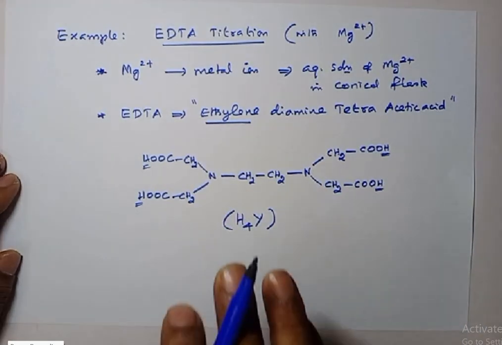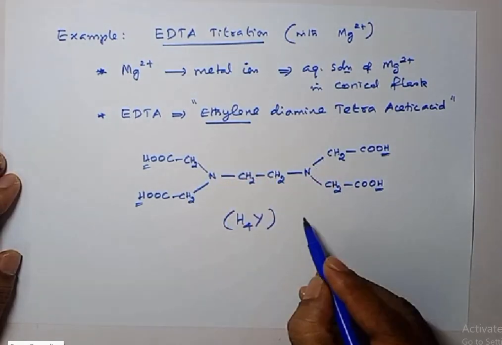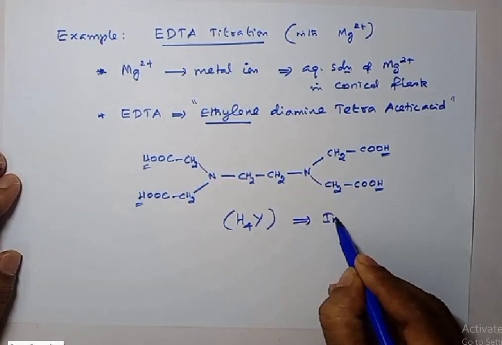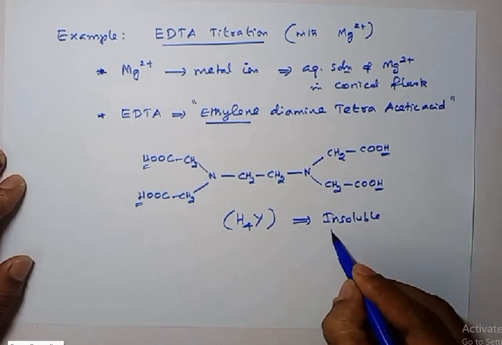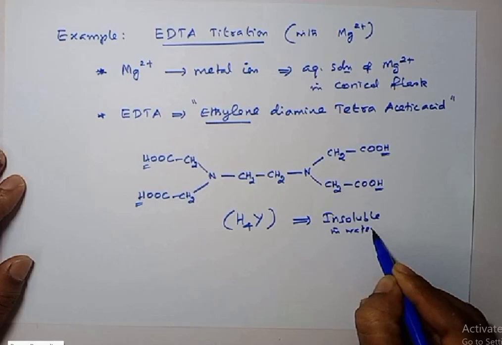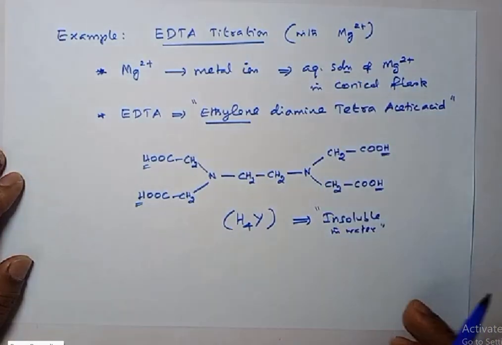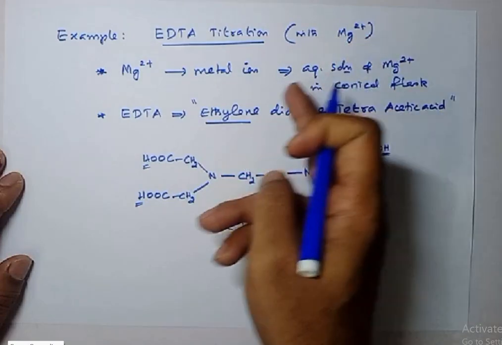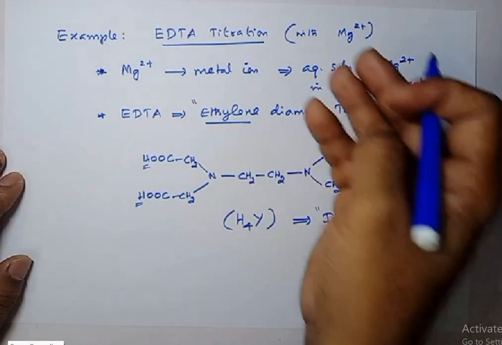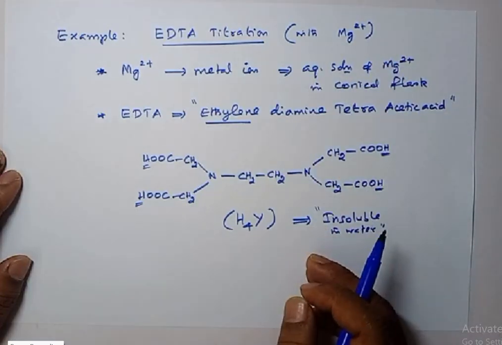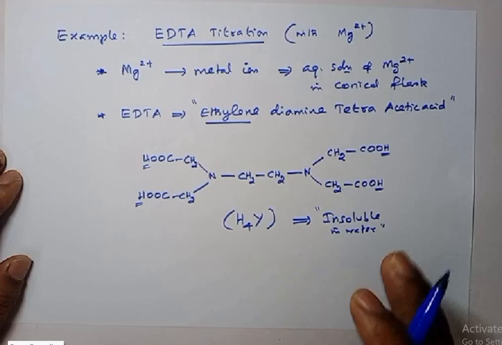Listen, this EDTA is actually insoluble in water. Since it is insoluble in water, it is difficult to titrate with the magnesium or zinc ions present in aqueous solution, so we cannot use it.